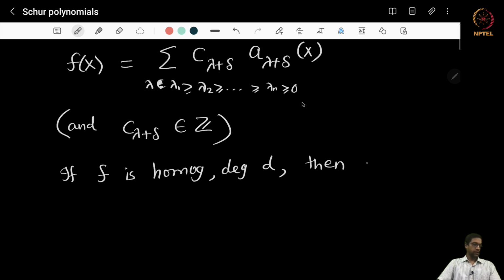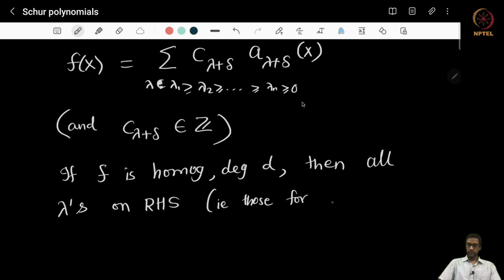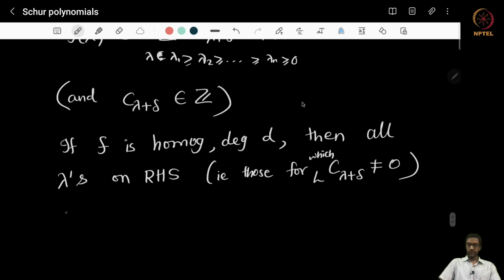Then we conclude that all lambdas on the right hand side, in other words those for which the coefficients are not zero, must satisfy the following property: the alternate must have degree D. Recall the degree of the alternate A lambda plus delta is mod lambda plus mod delta, so this must be equal to D.